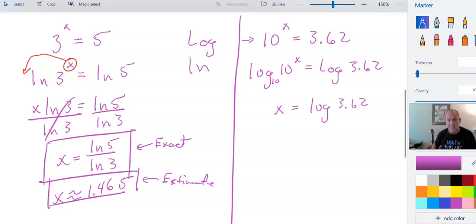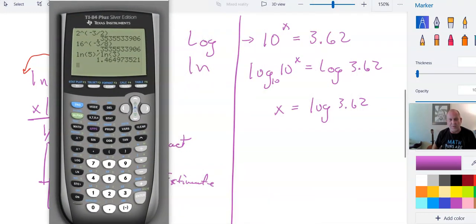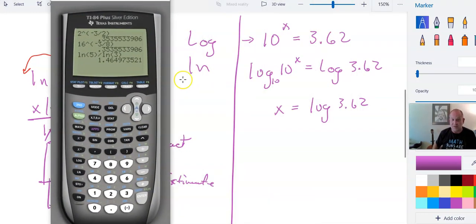I don't even have to do any adjustments. I can plug it directly into my calculator. Again, the log of 3.62 is the exact answer.